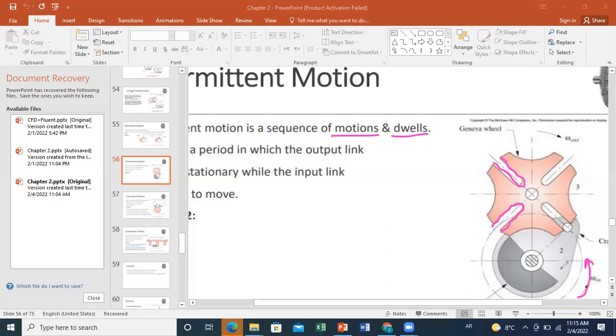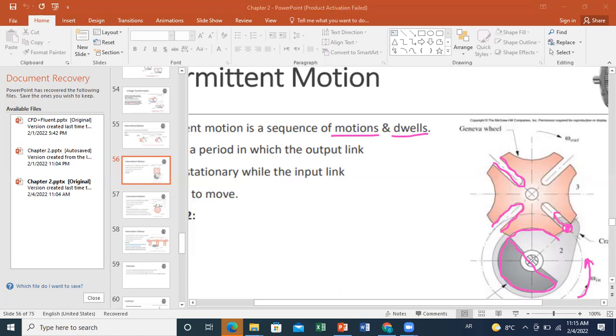The idea is that within your crank, you have two main parts. One part having the shape of a circle, and this circle will be for a certain period of time in contact with the Geneva wheel. And for other times, as your system is rotating, you have a point on the crank that will be able to move in the slots of your Geneva wheel.